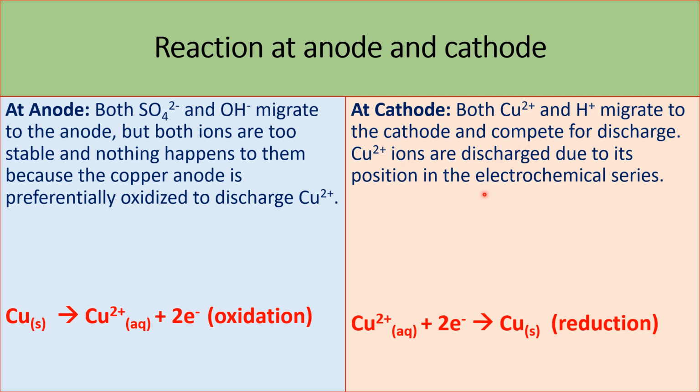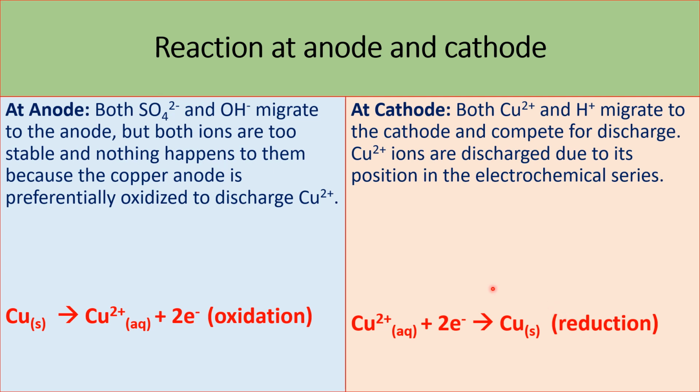And what happened at the cathode? Cu2+ and H+ migrate to the cathode, and the two of them have to compete for discharge, of course, but copper is lower in the electrochemical series compared to hydrogen. So because of its position in the electrochemical series, copper is discharged. Copper gains 2 electrons to form metallic copper, and that is reduction.